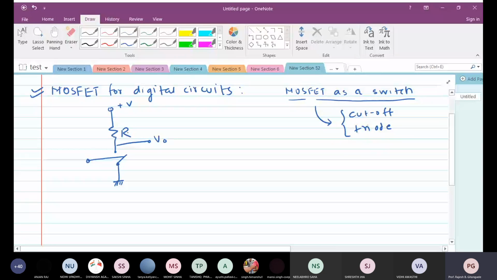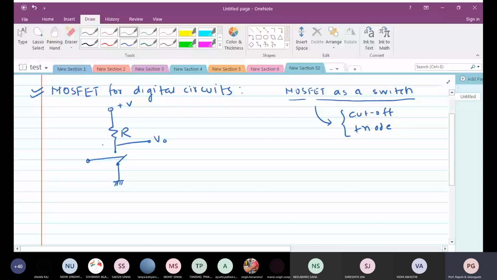So which is the simplest gate possible with this combination? Guys, am I audible? Which is the simplest gate possible? Let me put it the other way around.